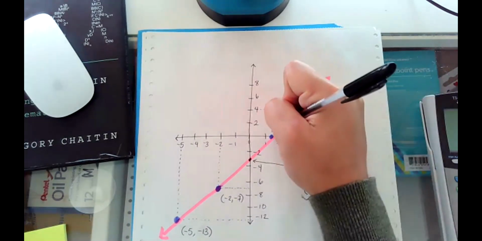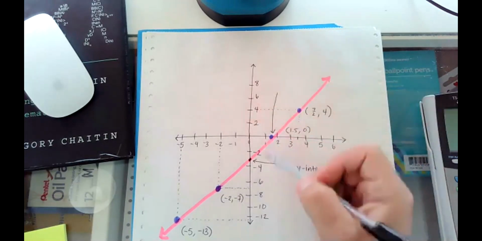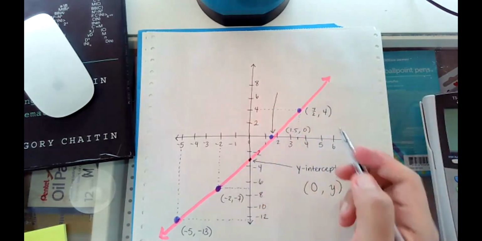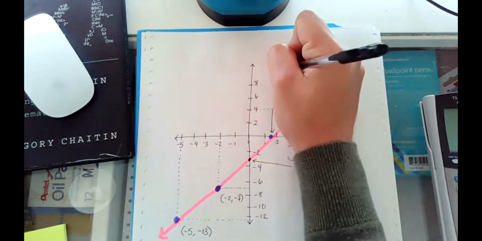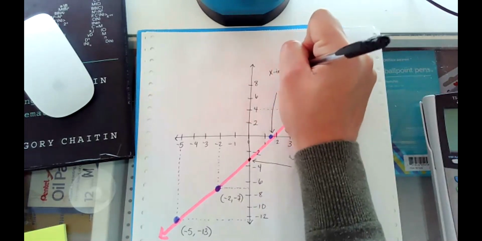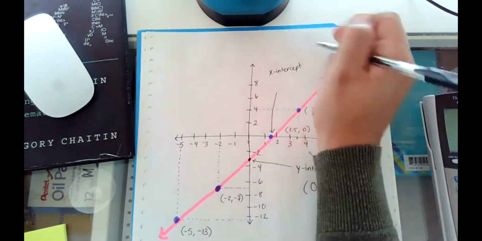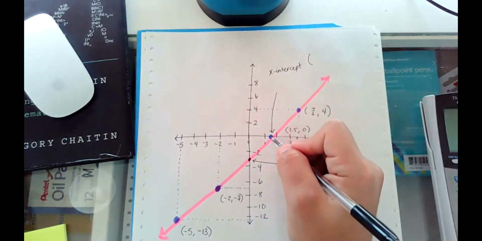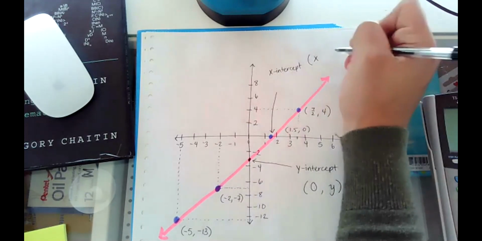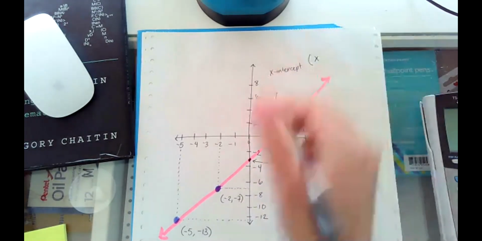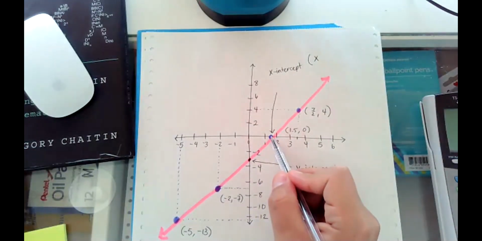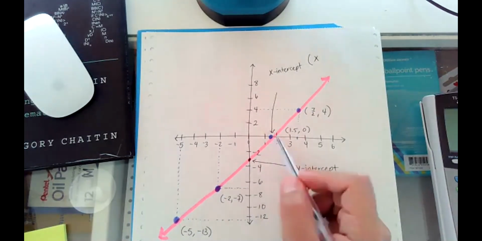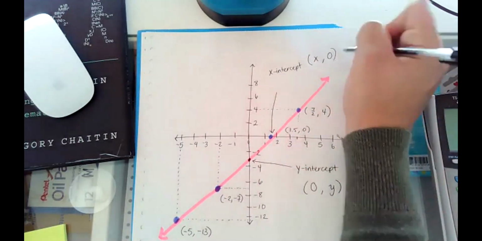The point right here where your linear equation crosses the x-axis is a similar term, the x-intercept. We don't always know what the x value is; sometimes we have to solve for that. But because we're on the x-axis and we didn't move up or down, the y value is always going to be 0.